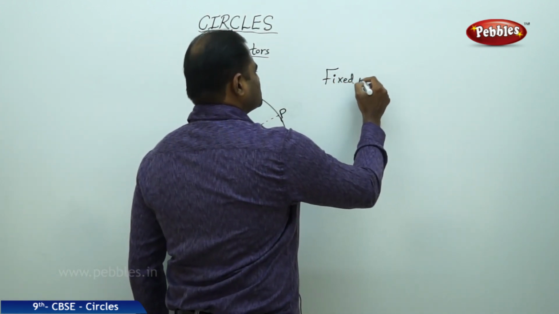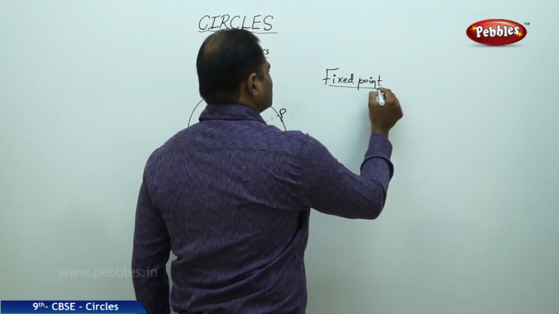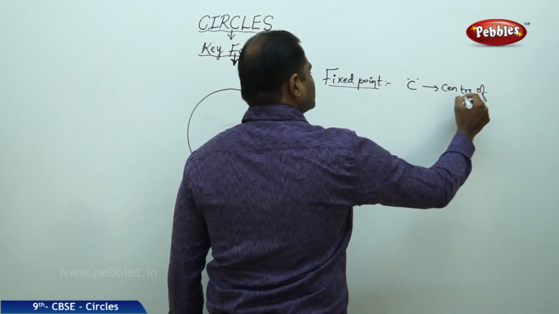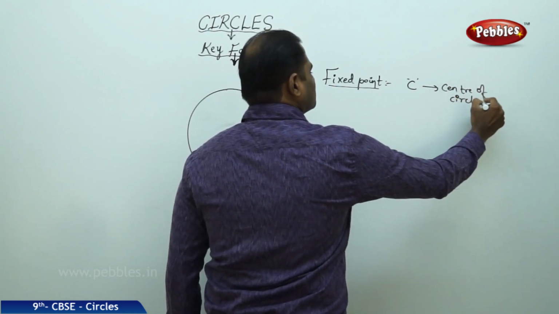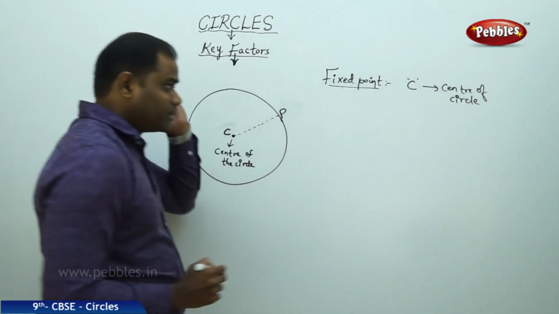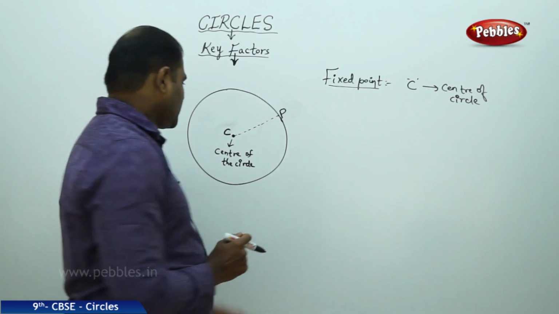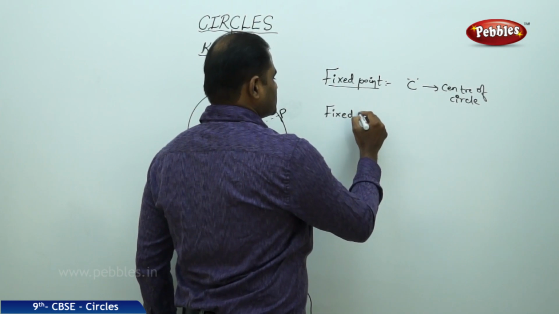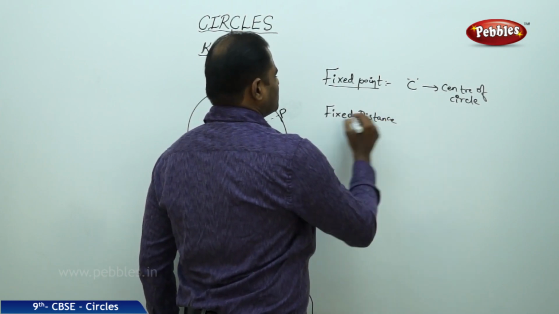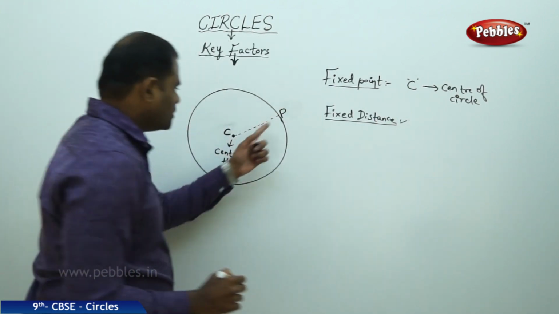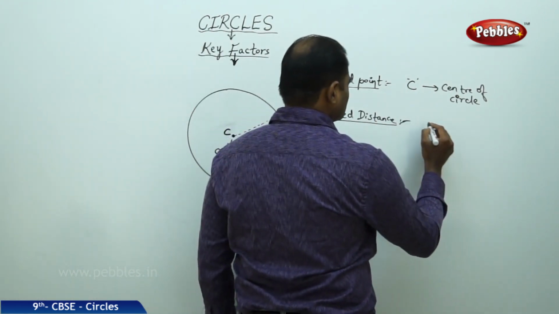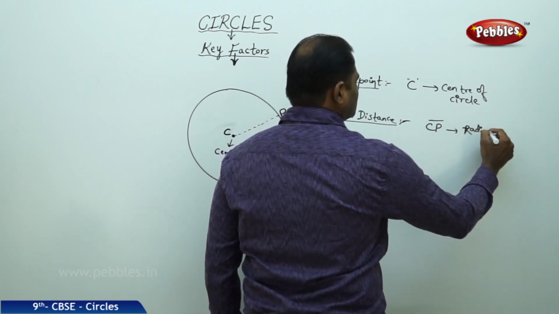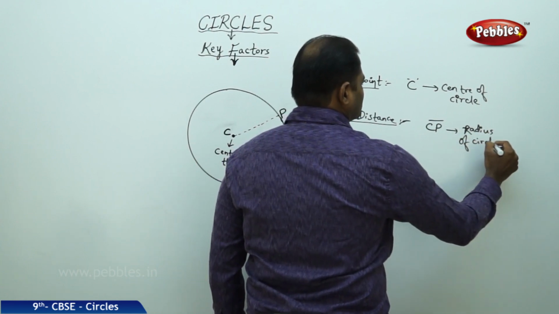Initially, the fixed point denoted by C is called the center of the circle. The fixed point C is called center of circle, and the distance from center to any point, that is the fixed distance, CP, is called radius of circle.